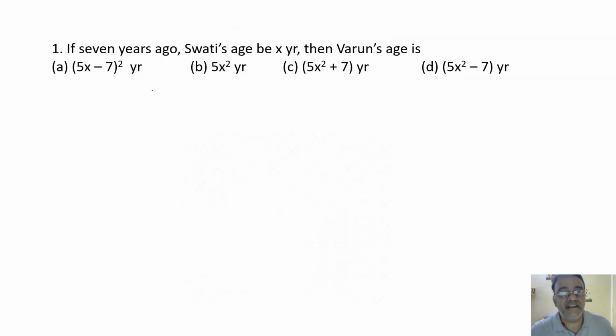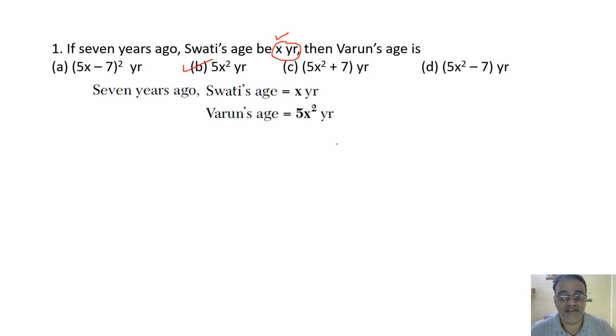So if 7 years ago Swati's age is x years, what will be Varun's age 7 years ago only? 7 years ago, Varun's age will be 5 times the square of Swati's age. It is given in the question. So the correct option is option B. This is clear?